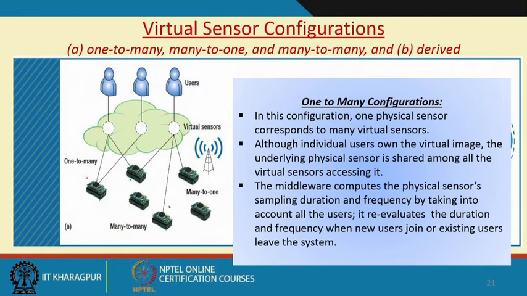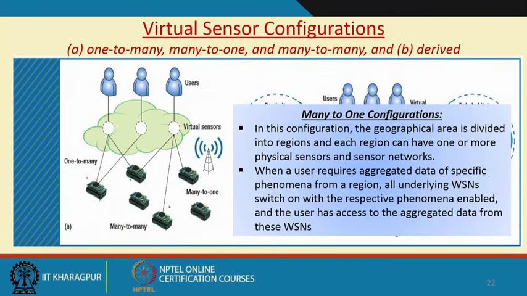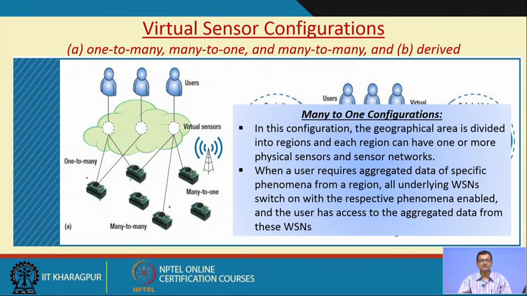So, this is where we have one physical sensor corresponding to more than one virtual sensor. Next, many to one. In this configuration the geographical area is divided into regions. Each region has one or more physical sensors in the sensor network. When a user requires aggregate data of a specific phenomenon from a region, all underlying WSNs, or wireless sensor networks, switch on with the respective phenomenon enabled, and the user can access the aggregated data.